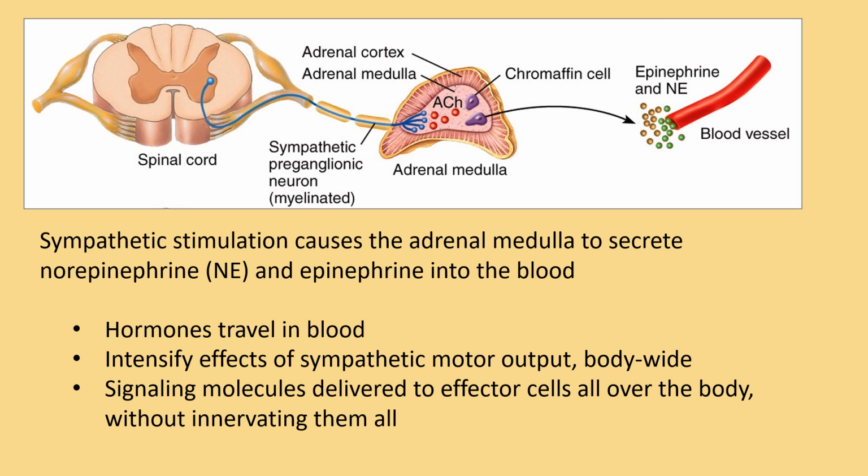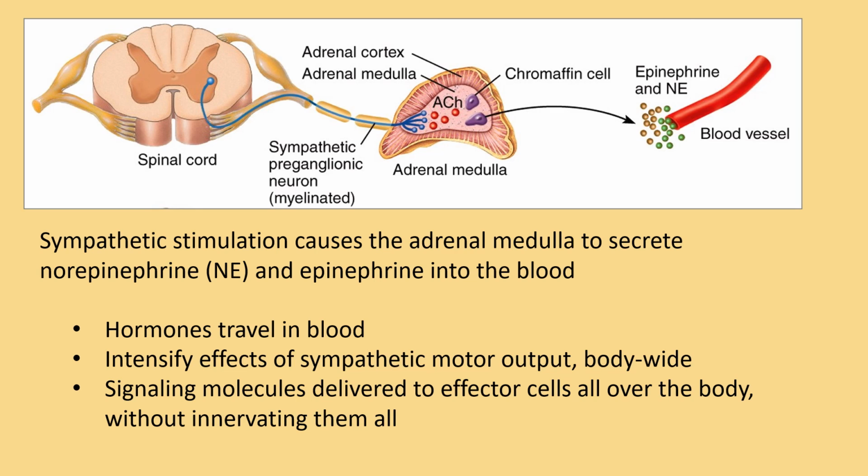So think about the cells that make up the adrenal medulla, the chromaffin cells. They are modified postganglionic motor neurons. And so instead of having axons that travel all the way to the effector, these cells skip the trip and they just release epinephrine and norepinephrine into the blood. And so epinephrine and norepinephrine are neurohormones.